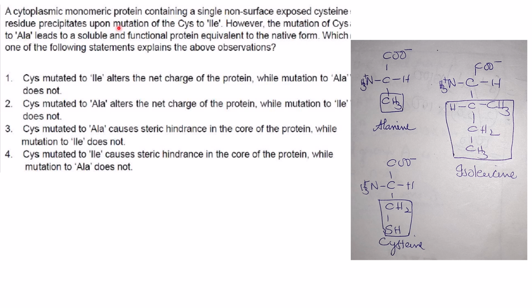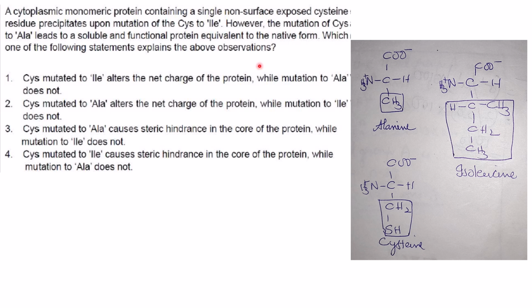If cysteine is mutated to isoleucine, it will precipitate. But the mutation of cysteine to alanine leads to a soluble and functional protein equivalent to the native form. That is, there is not much change in the native structure of the protein if cysteine is mutated to alanine.